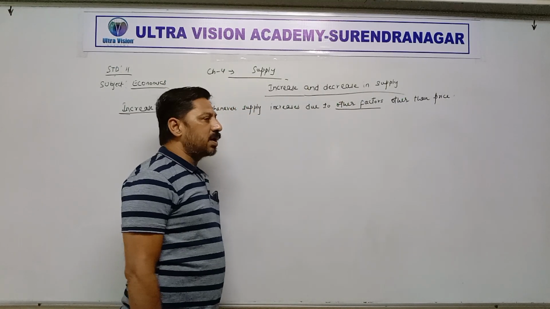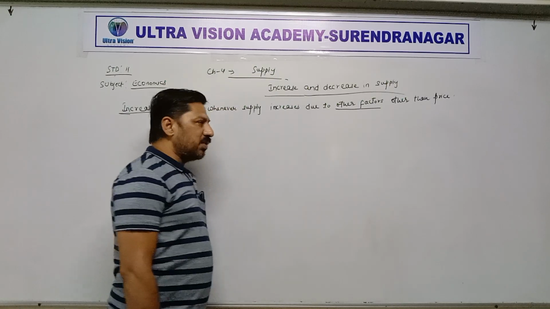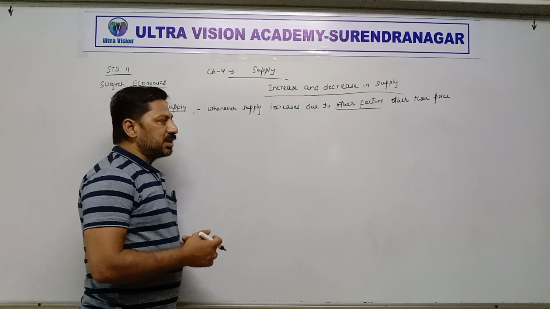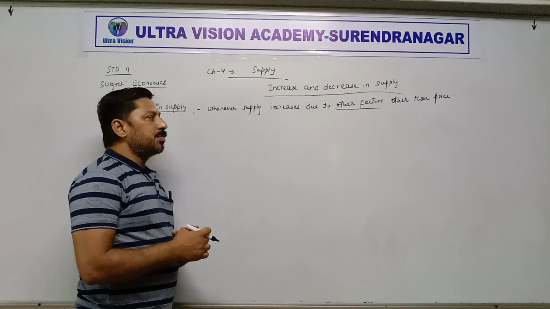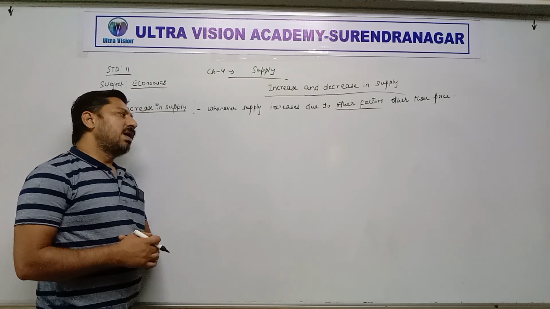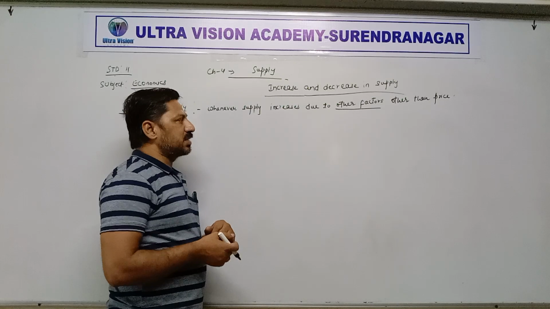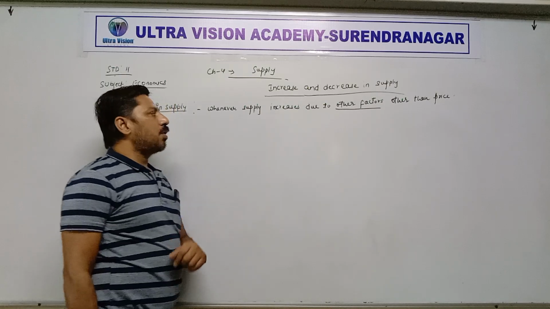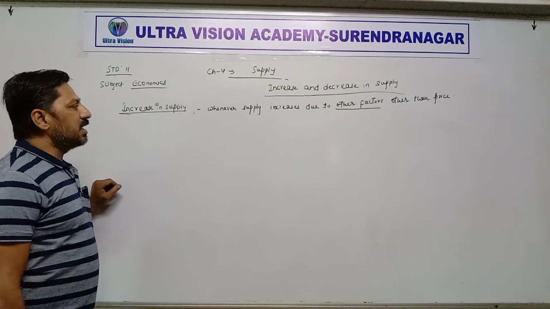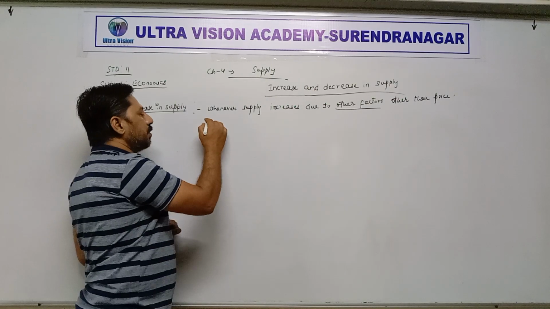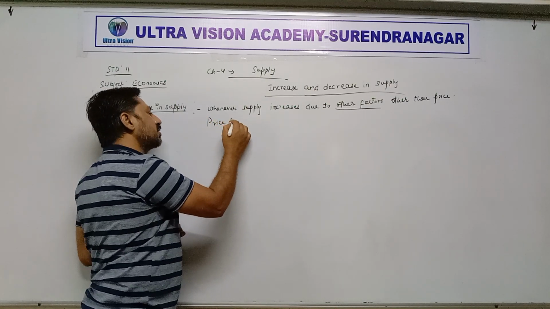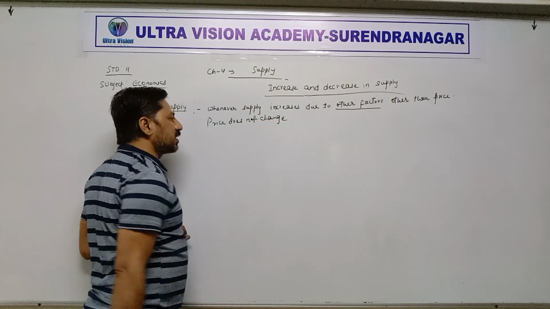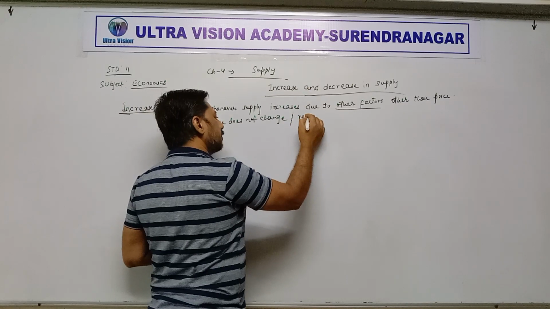And other factors we have already done. For example, level of technology, price or cost of factors of production, government policies, competitors' policies, change in price in near future, these are all other factors. So whenever due to these factors supply increases without change in price, then it is called increase in supply. Means in case of increase in supply, price remains same, price does not change.